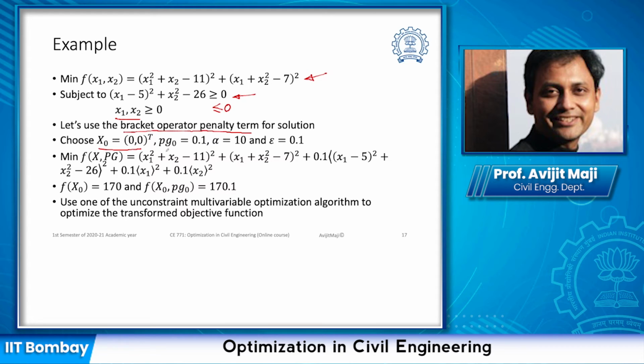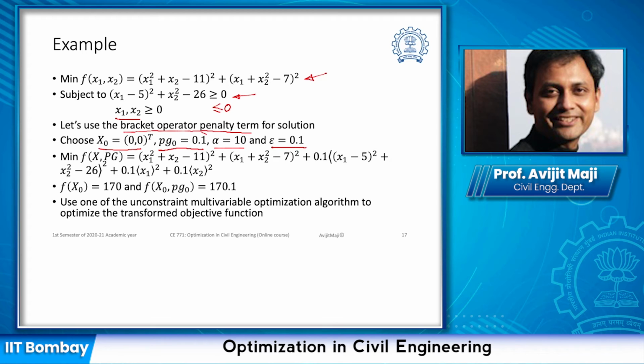We have set the penalty parameter as 0.1 for the inequality constraint, the alpha as 10, and the precision value as 0.1. Now we do not have any equality constraint, so we do not have the equality constraint penalty parameter or its associated alpha value.